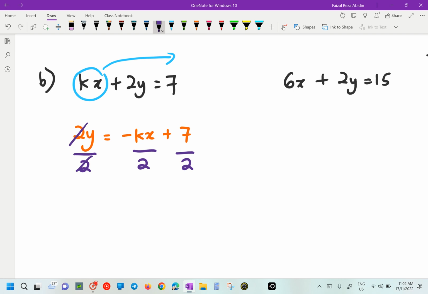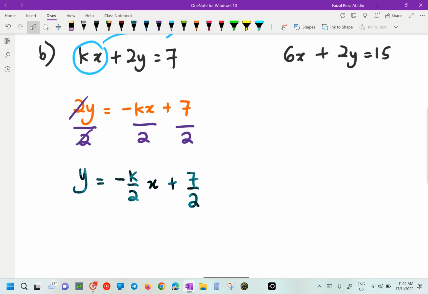So you are going to have y equals negative k over 2 x plus 7 over 2. Am I right? Where is your gradient? Negative k over 2. Okay, so we have our first equation over here. Our gradient here is negative k over 2.